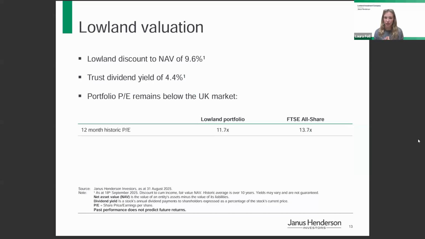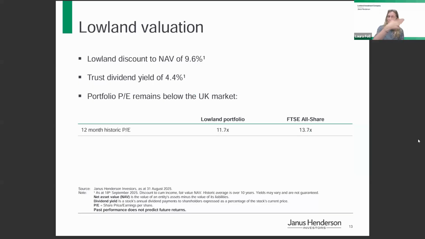If we flick on, I think we've covered this a bit, the trust is at a discount. The yield at the moment is actually more like 4.2% following some decent performance. That's the P/E of the portfolio as at the end of August. If I update it to today, to be honest, the market hasn't moved hugely, but as of Friday, the portfolio P/E is on 12-ish and the benchmark's on more like 14.